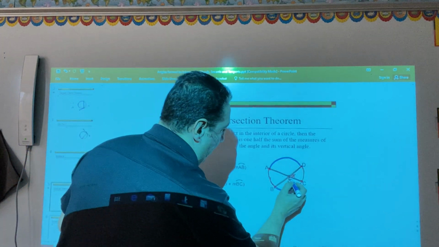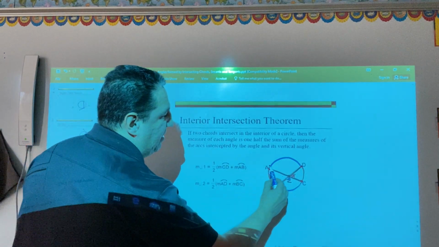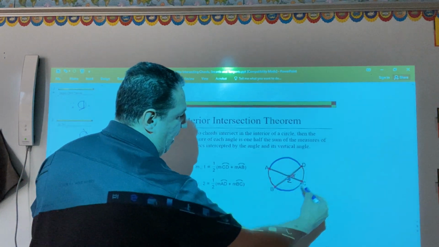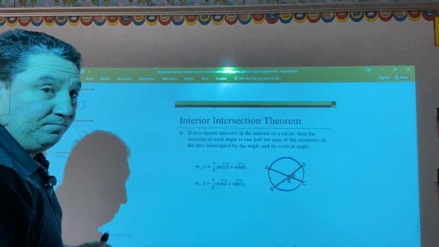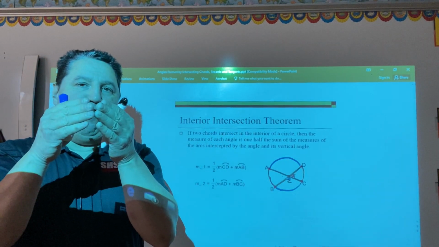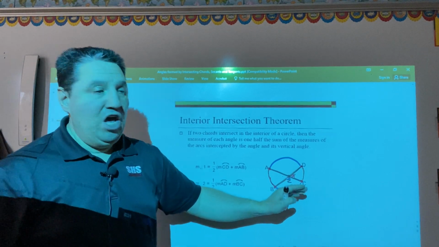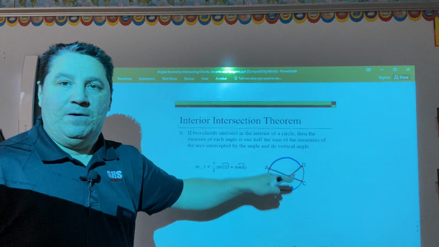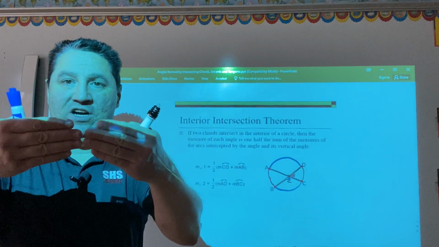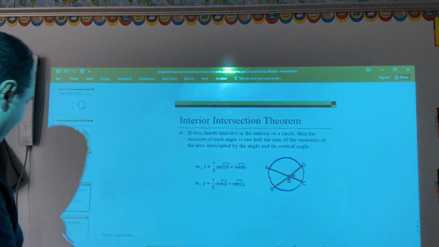The measure of this angle would be half of the sum of its intercepted arcs, which are AD and BC. So, whenever you have such a case and you have to find the measure of one such angle, you identify the intercepted arcs, you add the measures of these intercepted arcs and divide by 2. Good.